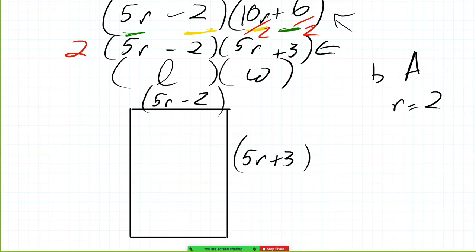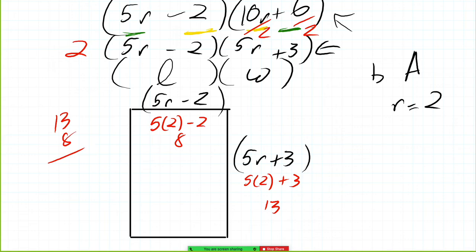We can do that pretty quickly. This would give us 5 times 2 minus 2, gives us 10 minus 2, which is 8. This would give us 5 times 2 plus 3, gives us 10 plus 3, which is 13. So all we need is our 13 by 8. And that gives us 104. So the area, if R is 2, should be 104.